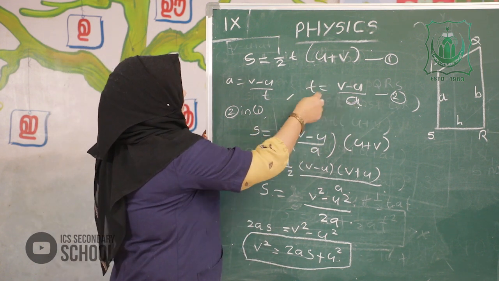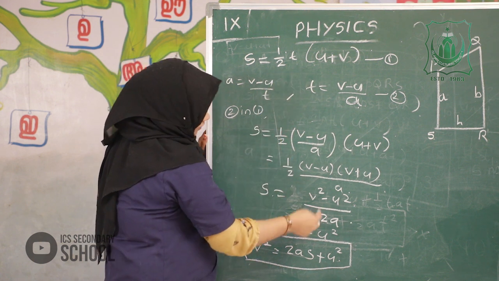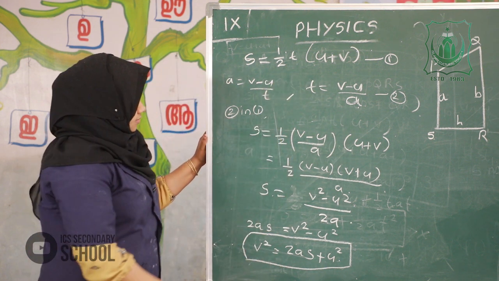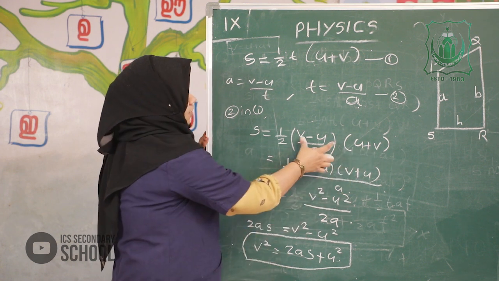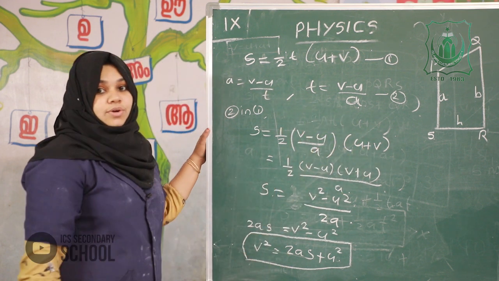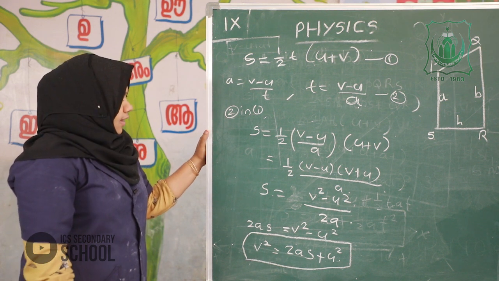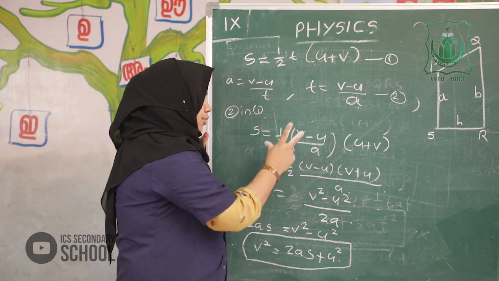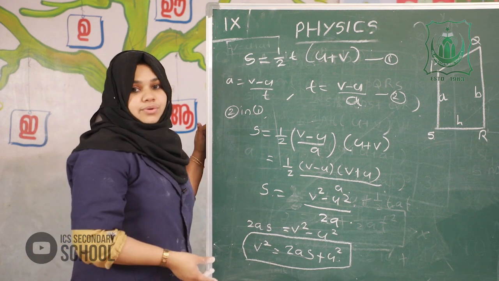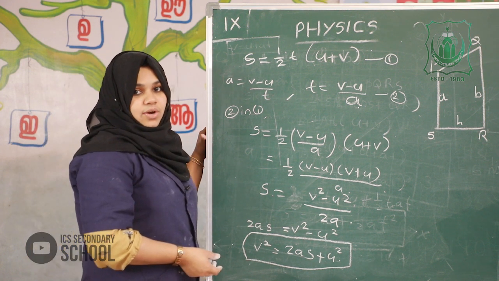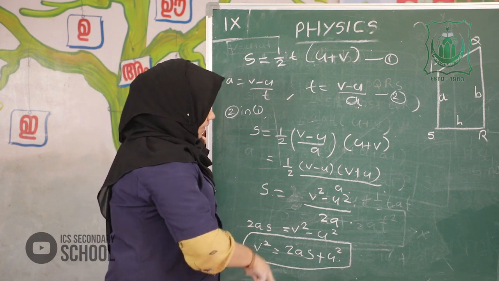Put this t value here. Then we get half into v minus u divided by a into u plus v. We know that v minus u into u plus v is equal to v square minus u square. Okay, all of you do this. Then you can understand how to derive this equation.